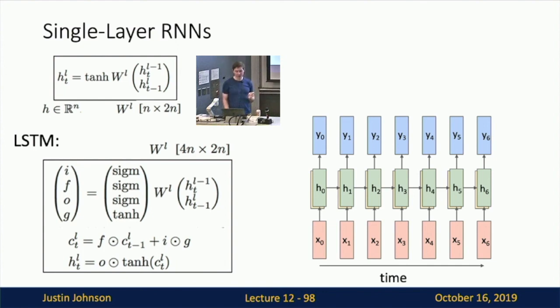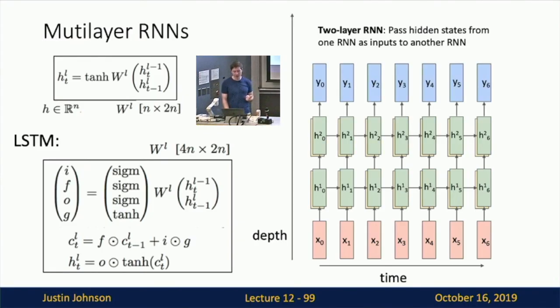So clearly, we'd like to have some way to apply this intuition of stacking layers also to recurrent neural networks. We can do that by just applying another recurrent neural network on top of the sequence of hidden states that are produced by a first recurrent neural network. This is called a multi-layer or deep recurrent neural network.